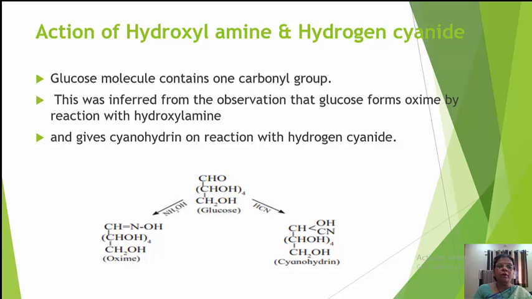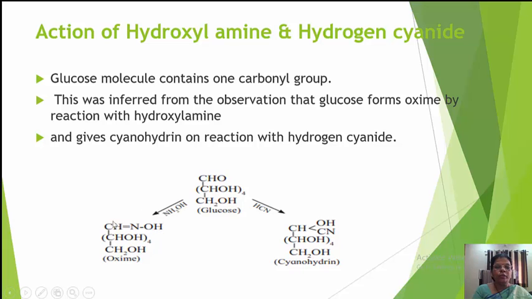This was inferred from the observation that glucose forms oxime by reaction with hydroxylamine and gives cyanohydrin on reaction with hydrogen cyanide. Now here, this glucose, CHO, CHOH 4 times, CH2OH, when it is treated with hydroxylamine, that is NH2OH, then formation of CH double bond NOH takes place.